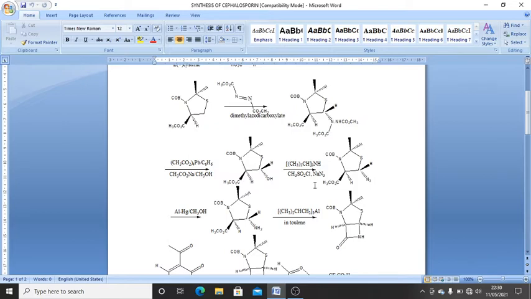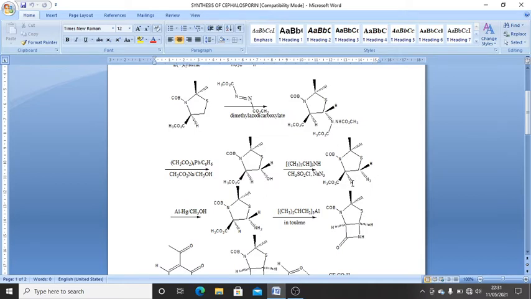In the next step, this alcoholic component would react with isopropylamine in the presence of methane sulfonyl chloride and NaN3, that is sodium azide. OH gets converted to N3.